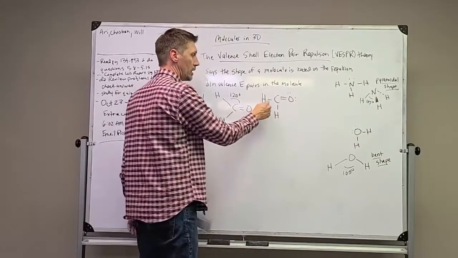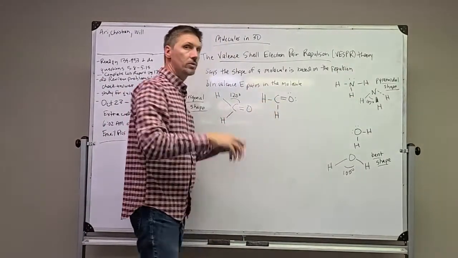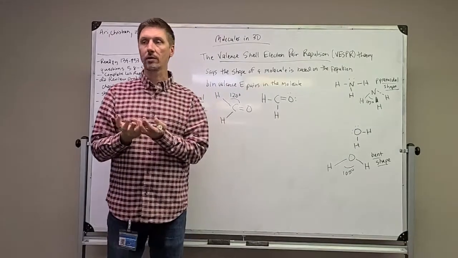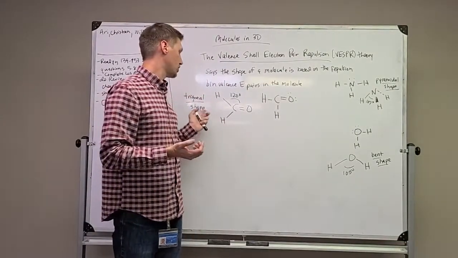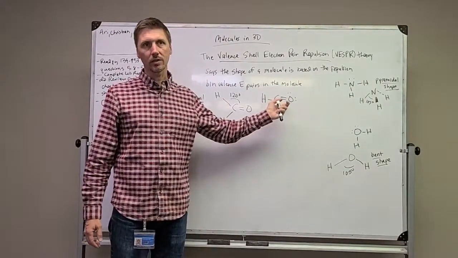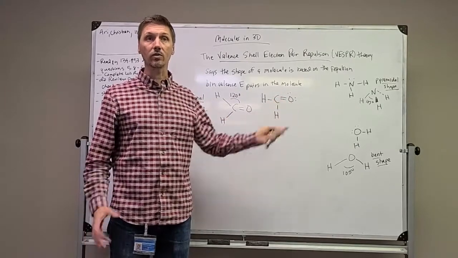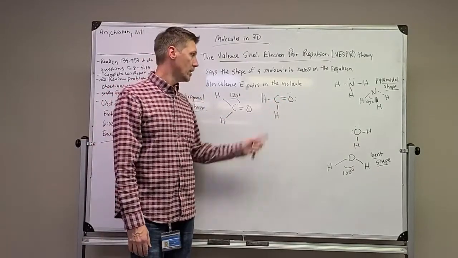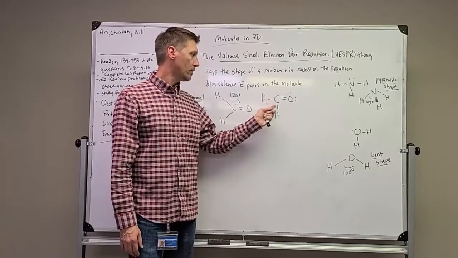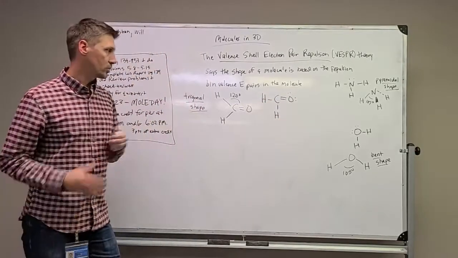But if you've got something like this where you have 1, 2, 3 groups of electrons around it, then it's going to be the trigonal. And you're right, what you're going to see probably is a double bond there. That's why you only have three groups, right? But it's that you have this central angle and 3 groups around it, and that's what makes it trigonal.